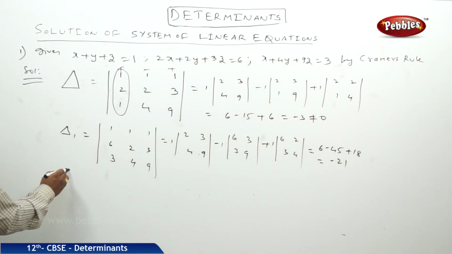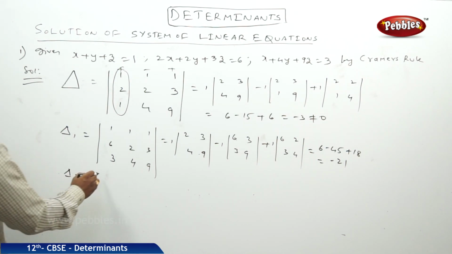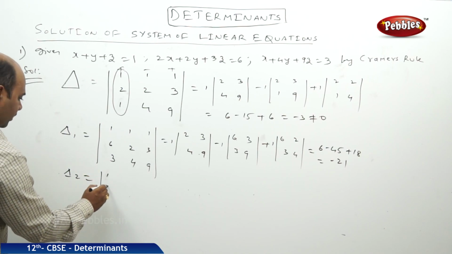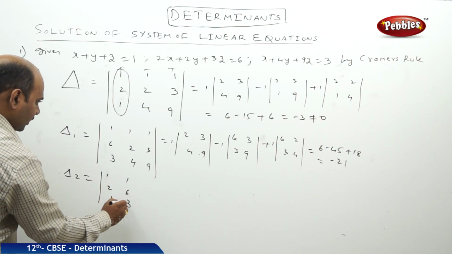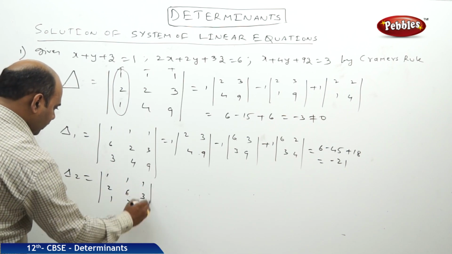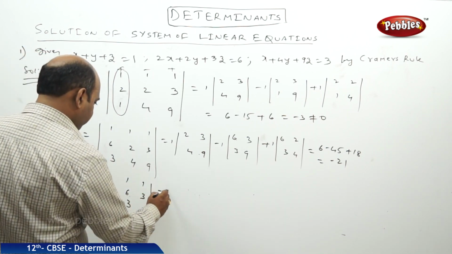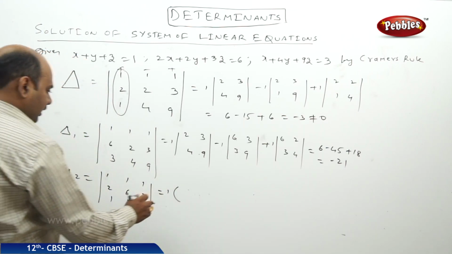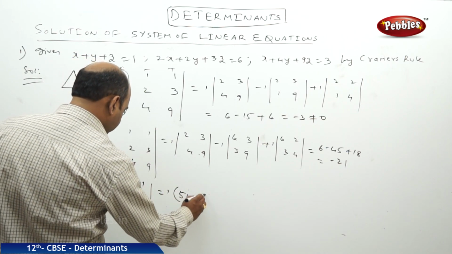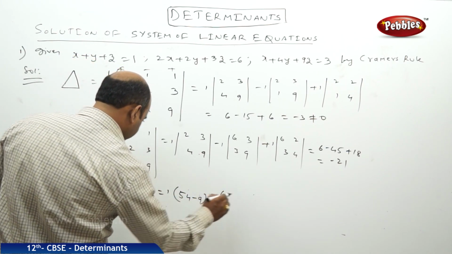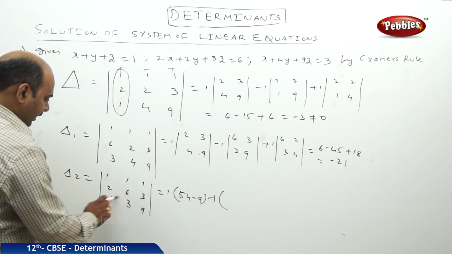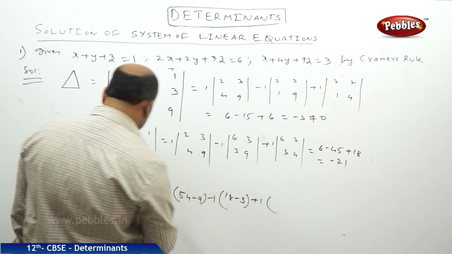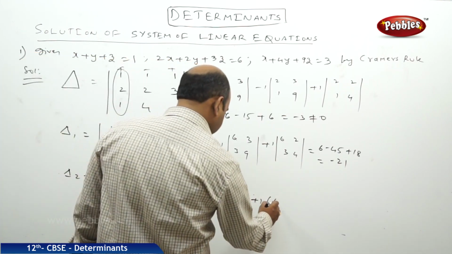And later I need to find delta 2. Delta 2 means the second column should be replaced by 1, 6, 3. So the matrix is 1, 2, 1, 1, 6, 3, 1, 3, 9. Again this time I will directly expand: 1 into 54 minus 9, minus 1 into 18 minus 3, plus 1 into 6 minus 6.